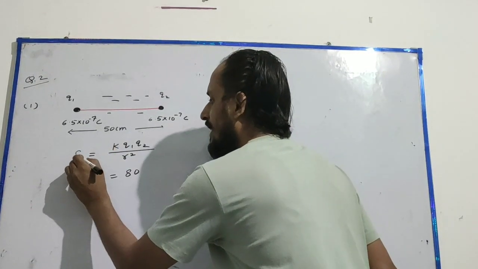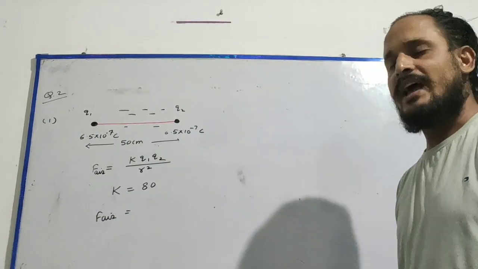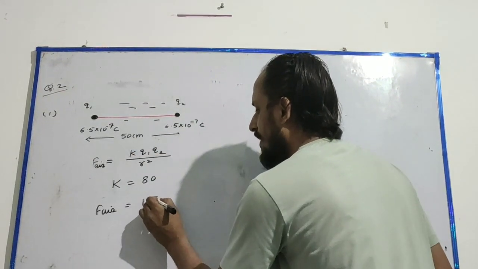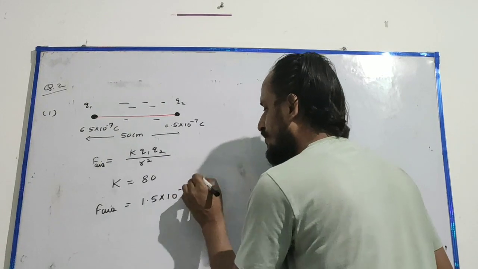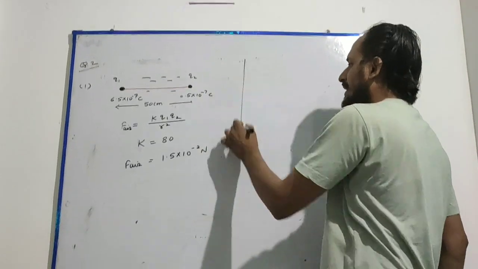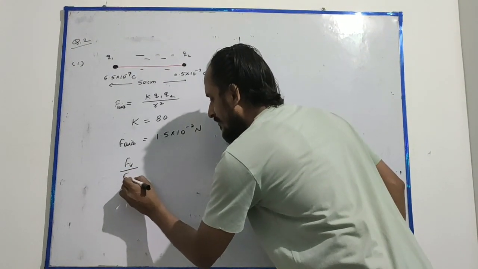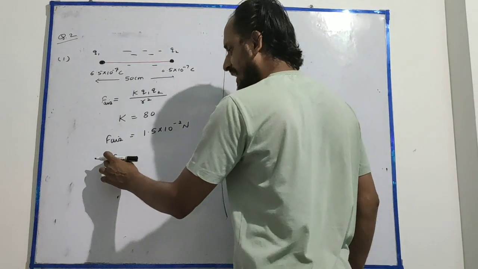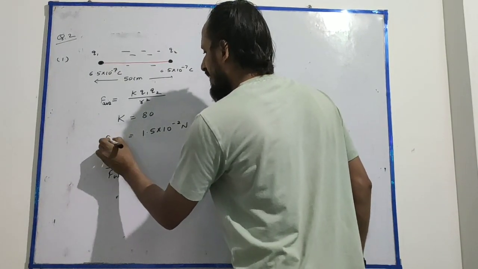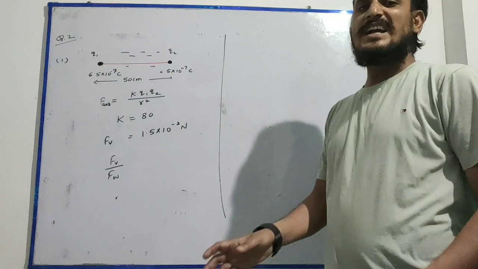We know if we calculate force in air, or if both the charges are placed in vacuum, it comes to 1.5 into 10 raised to the power minus 2 Newton. We have calculated it earlier. If you remember, one relation we have used: F vacuum upon F medium, here the medium is water. F vacuum we can write, or we can write F air, things are similar, because the dielectric constants of vacuum and air are quite similar.